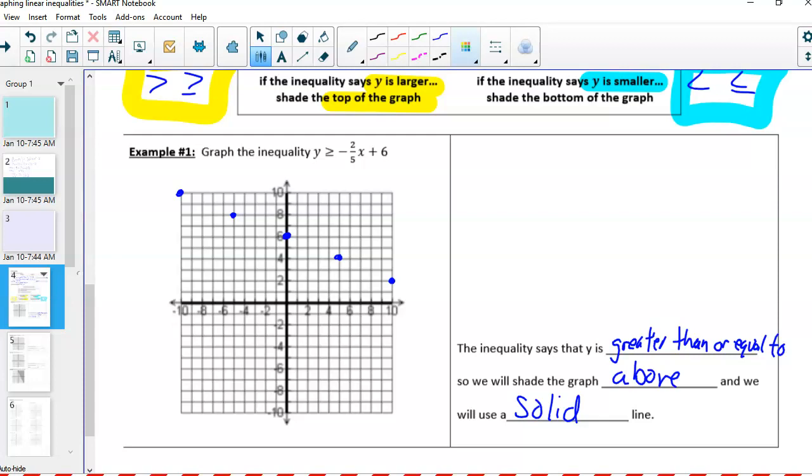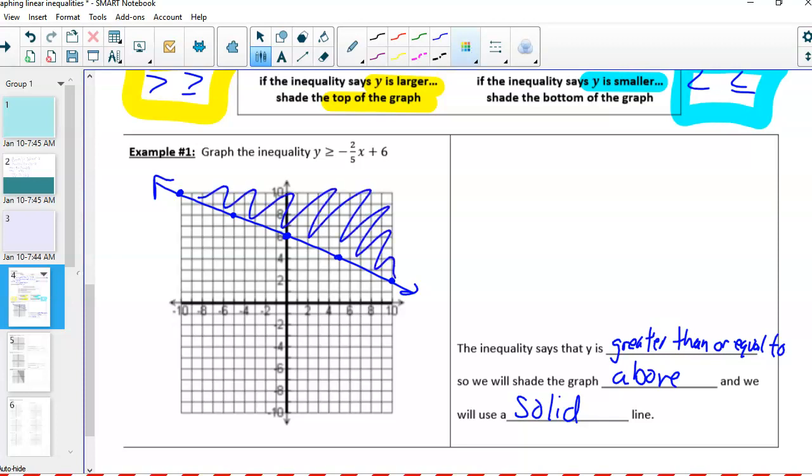So when we graph our lines, we're going to do the solid or dashed first. We said this would be a solid line, so we're just going to draw this like we would any other normal line. And then shade it above. So you can do lines, you can actually color each square. I'm just going to do this.